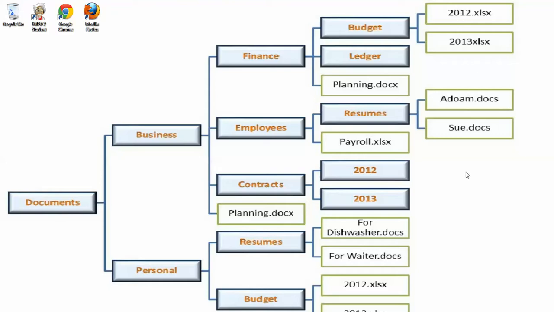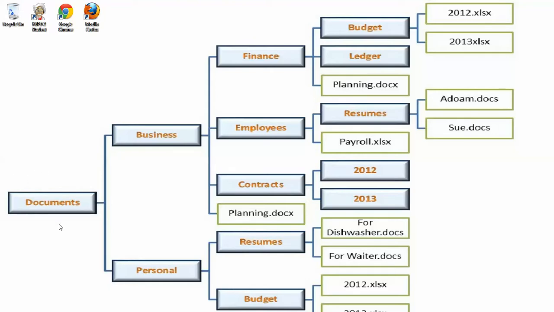Okay, so the files are here in this diagram. The files are in green boxes, and they have file extensions such as XLSX, that's for Excel, and here the planning, that's a DOCX, that's a Word document. Let me just go ahead and walk you through.